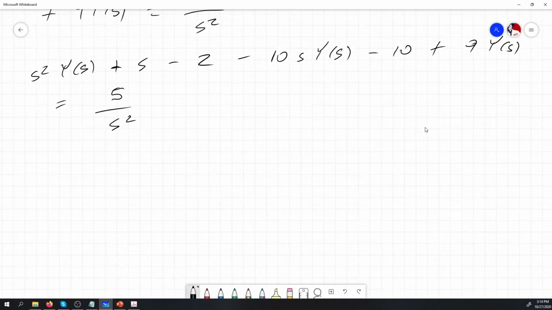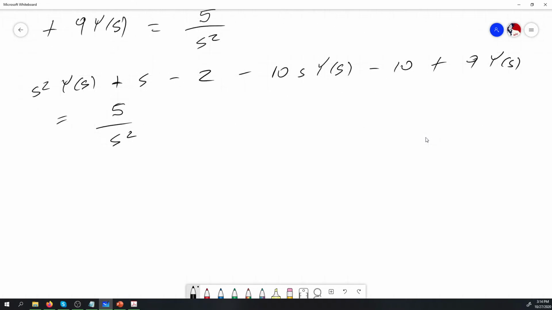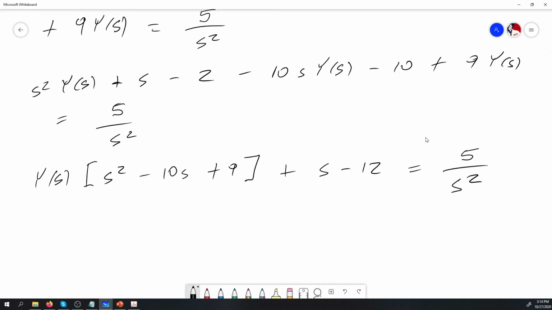Right. So let's factorize out all Y of s here into s squared minus 10s plus 9, plus the s component here, and minus 2 minus 10 will give us minus 12, equals 5 over s squared.